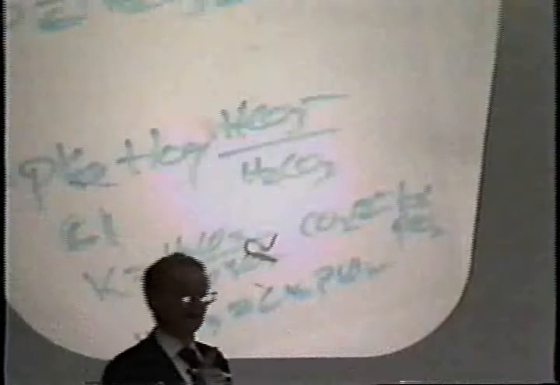But since CO2 is equal to another constant times PCO2, then overall I can say that carbonic acid, H2CO3, is equal to some other constant, let me just call it C, times PCO2. That's very important because that allows me to write the Henderson-Hasselbalch equation as bicarbonate divided by some constant times PCO2.